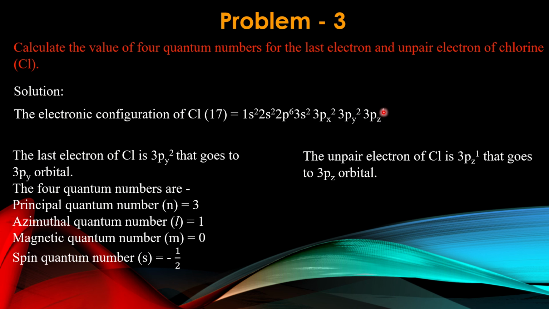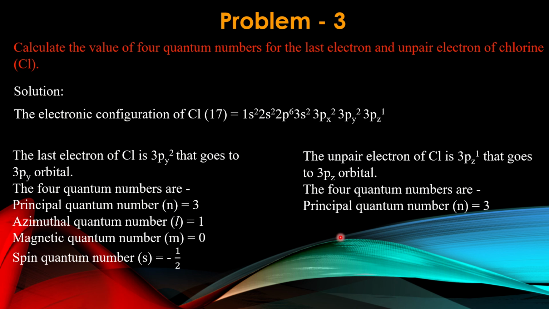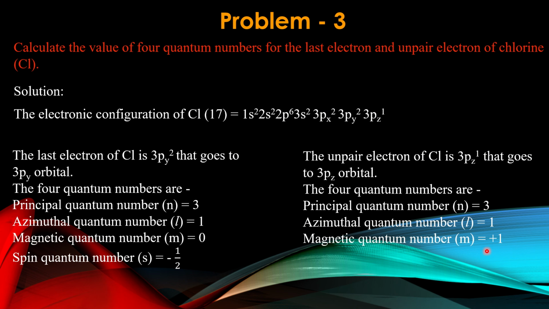And look, dear students, this is the first electron which goes in the clockwise direction. So the value of the spin quantum number is +1/2. So the 4 quantum numbers are n equals 3, L equals 1, m equals +1, and s equals +1/2.